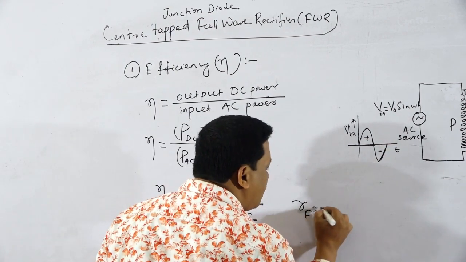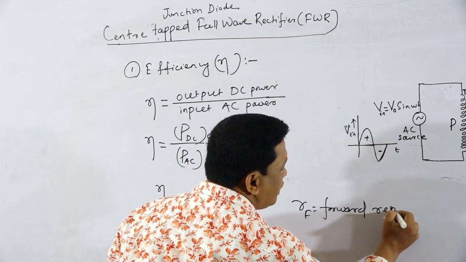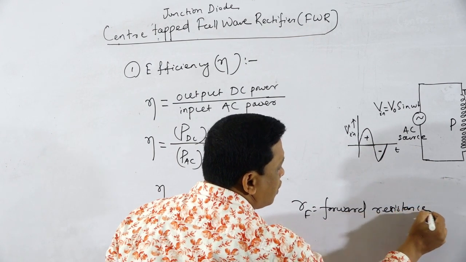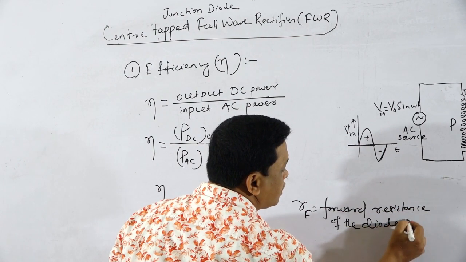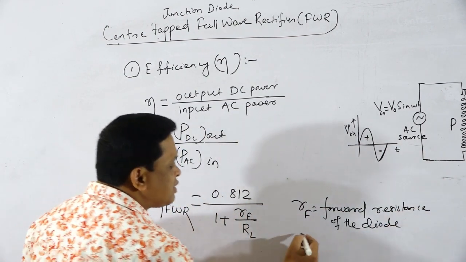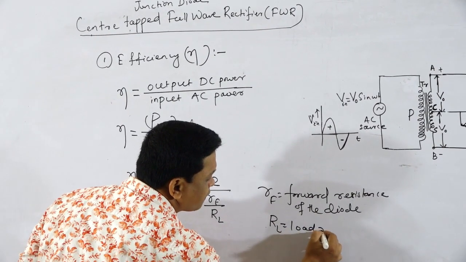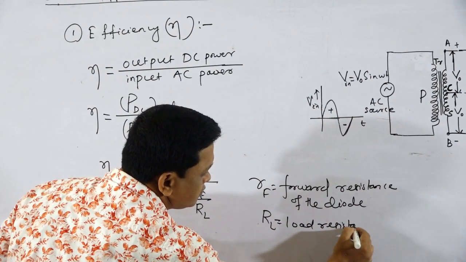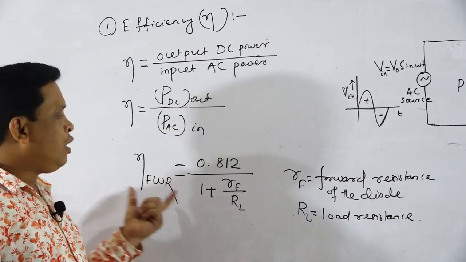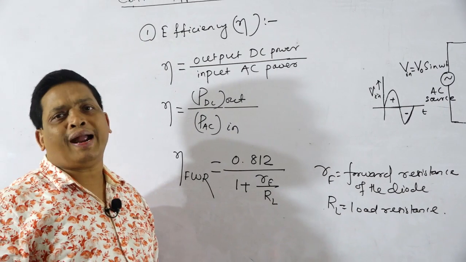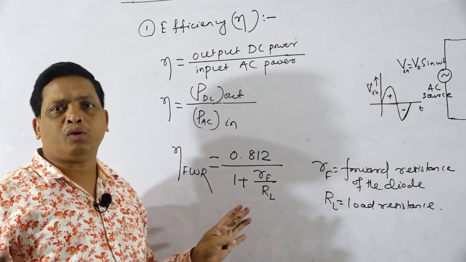RF is the forward resistance of the diode, and RL is the load resistance. Remember, I told you that derivation is not required. So, we can derive this formula but it is not required as per your syllabus.